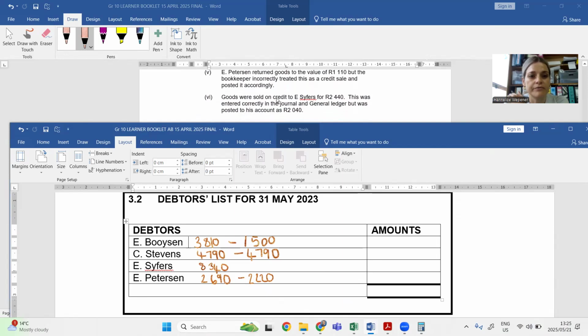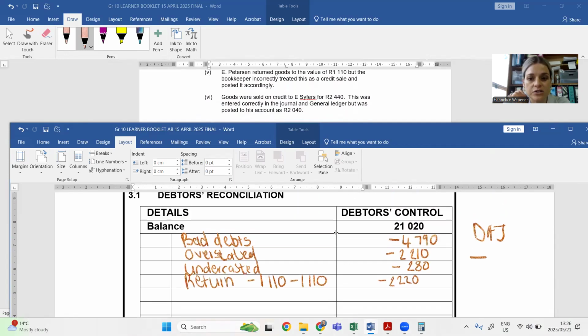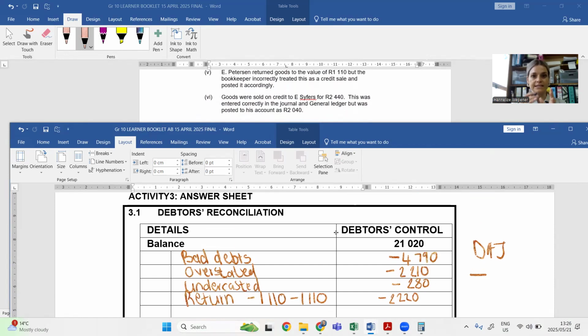Then number 6 says that goods were sold on credit for 2,440 Rand. However, this was entered correctly in the journal and the general ledger, but not to the individual debtor's account. So this was entered correctly in the DJ, then posted correctly to my debtors control account.